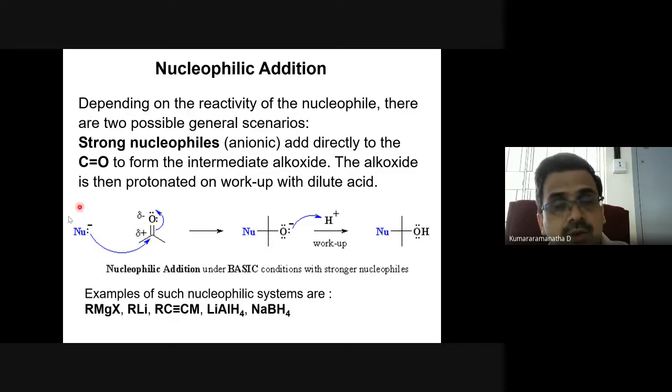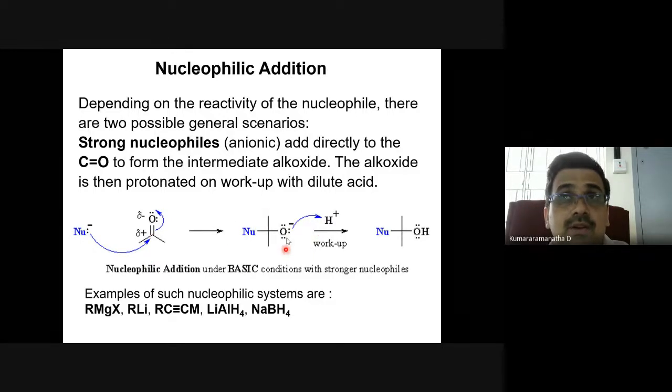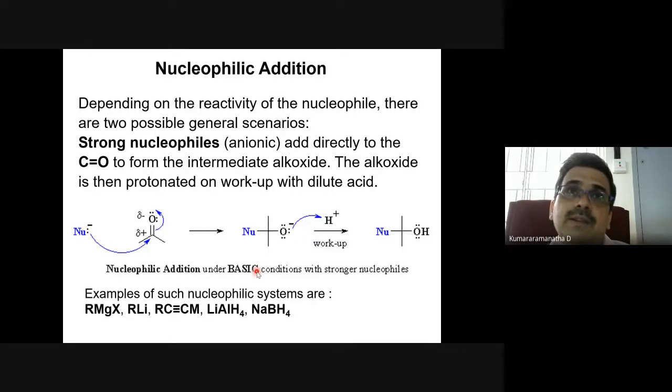This charged nucleophile will directly add to the partially positive carbon, and it forms an alkoxide. Alkoxide means, if you have ethanol, potassium ethoxide, something like that. If you work up this ethoxide ion with an acid, you get the corresponding alcohols. We have seen this part, especially for a very strong, charged nucleophile.